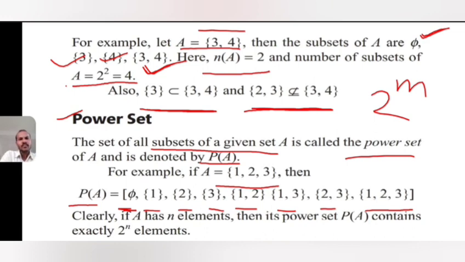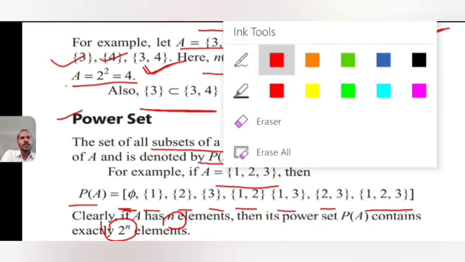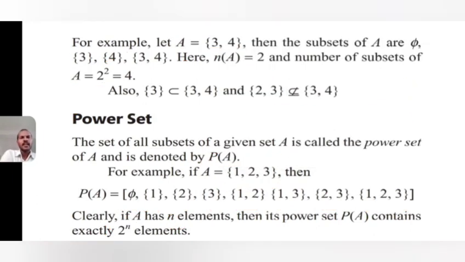Clearly, if A has n elements, then its power set P(A) contains exactly 2 to the power of n elements, right?